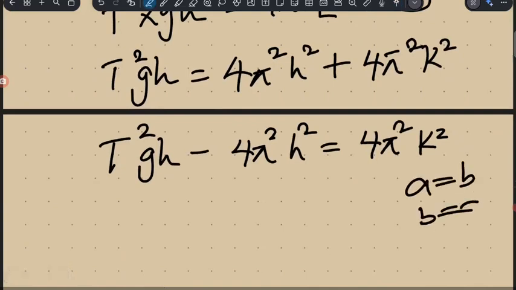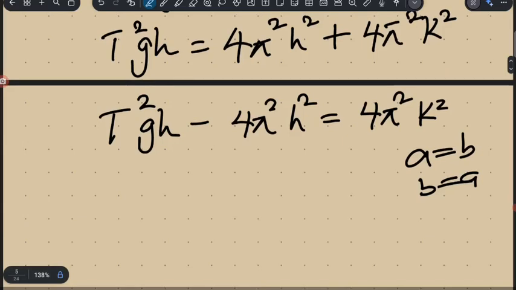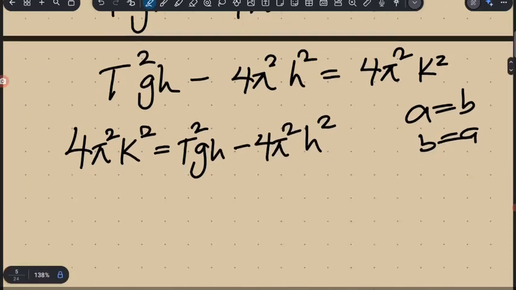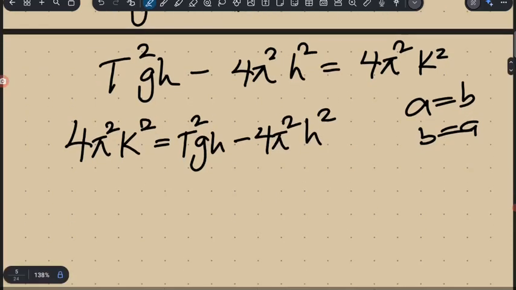It's part of mathematical equations to have 4 pi squared k squared is equal to T squared gh minus 4 pi squared h squared. So now let's try to divide both sides by 4 pi squared. That is the most important thing.